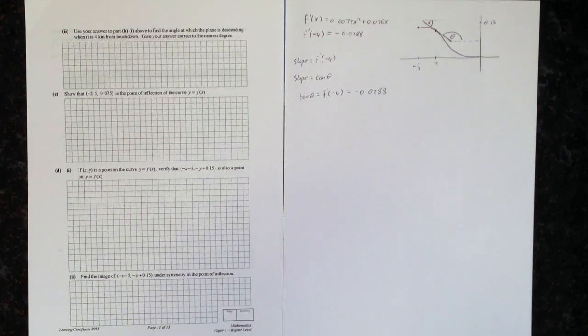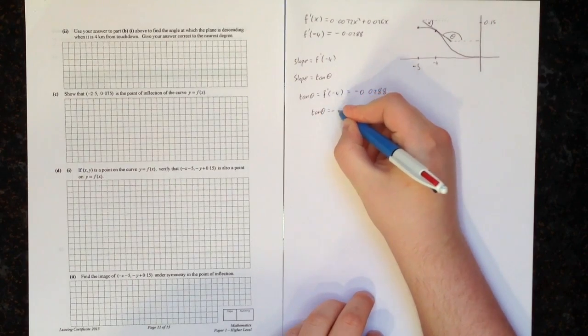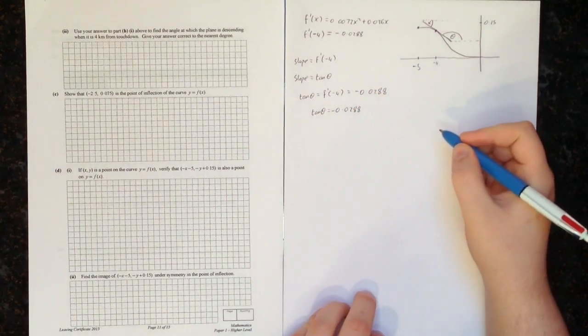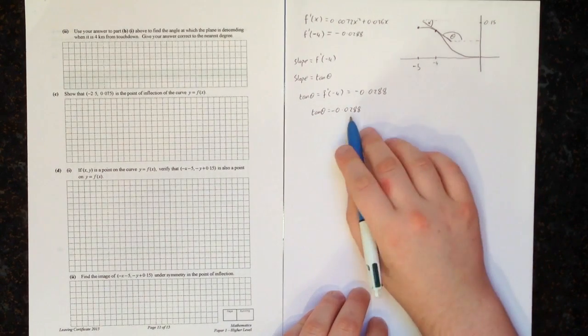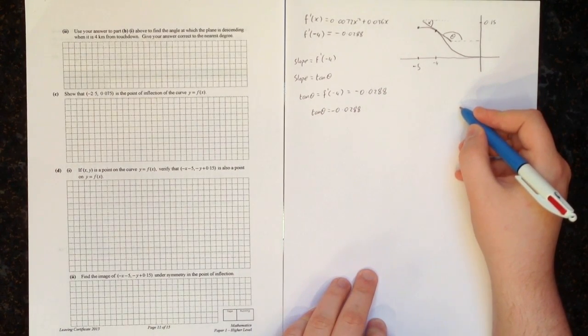So now what we want to do is find the value of theta for which this is true, and then we can use that to find the value of alpha, which is the angle of descent we're asked for. So we know that tan theta is equal to minus 0.0288. To find theta, the first thing we want to do is find our reference angle, and then we can use that to find the specific angle that we're looking for.